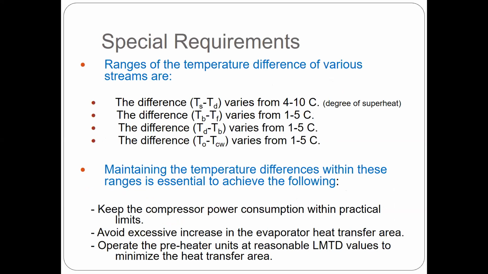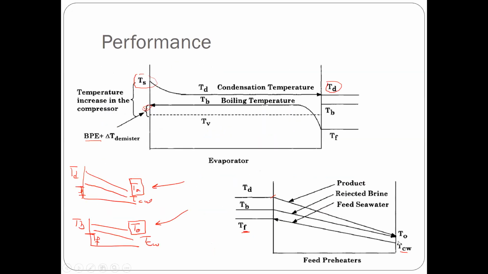Finally, the temperature difference in the feed preheaters here is 5 degrees centigrade. And the 5 degrees centigrade maximum here is set in such a way that the size of the heat exchangers is acceptable, so that they are not too large. And if they are too large, then it will be very expensive, and that's not what we're looking for.